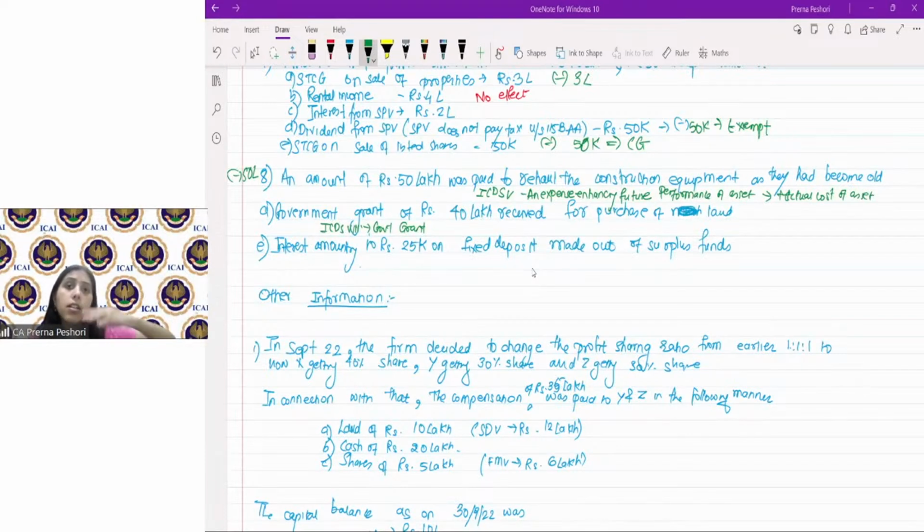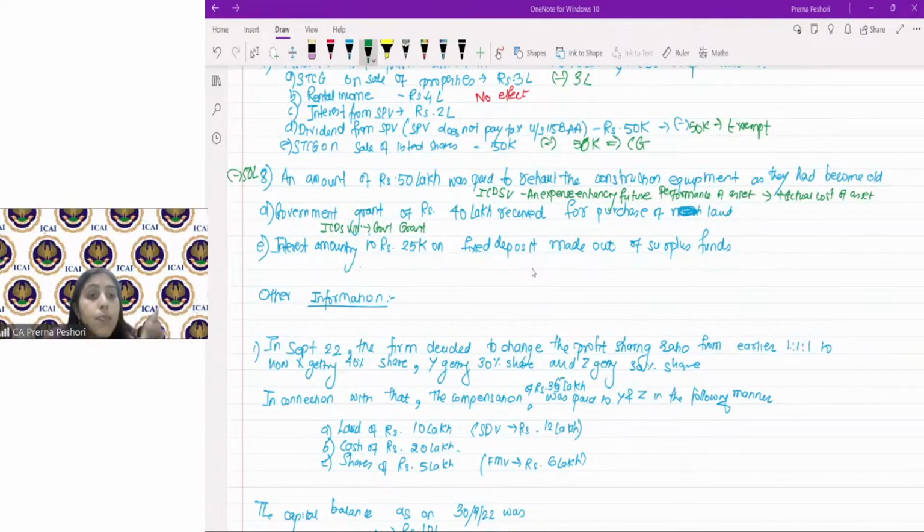If the grant is received with certain conditions, as and when the expenses required to fulfill those conditions are recognized, the grant will be recognized as income. But here, since no information is given with respect to the expenses or the obligations to be fulfilled, we will recognize this as income of this year itself, right?